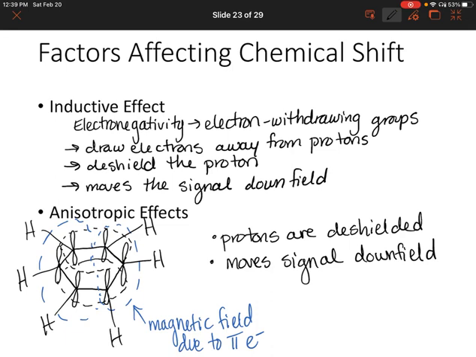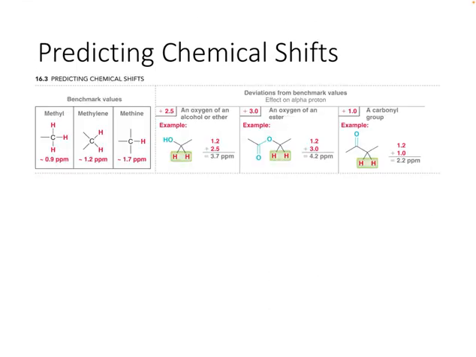Okay, now let's talk about how we can predict some chemical shifts. And this has more to do with electronegative atoms. So this chart is in your book. If you have the third edition of the textbook, this will be chart 15.3 instead of 16.3. So what we can do is assume that methyl protons will show up at about 0.9 parts per million.